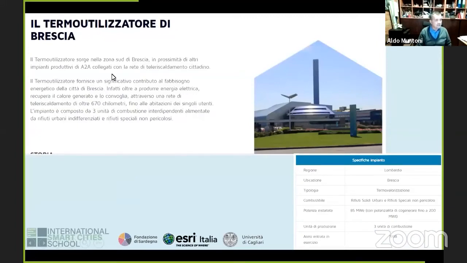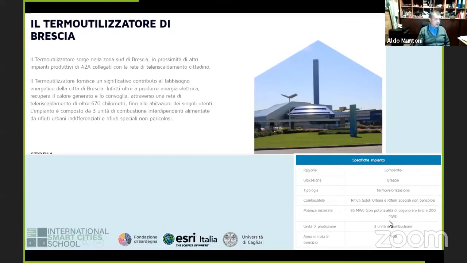And this is, for instance, one of the most modern waste to energy plants in Italy, and it is close to the city of Brescia, and you can see that they use the heat which is recovered from waste combustion through a network of 670 kilometers.